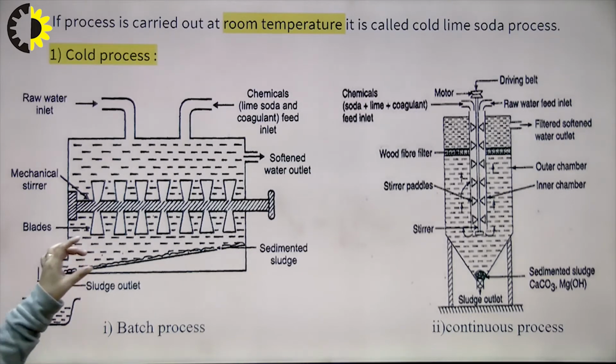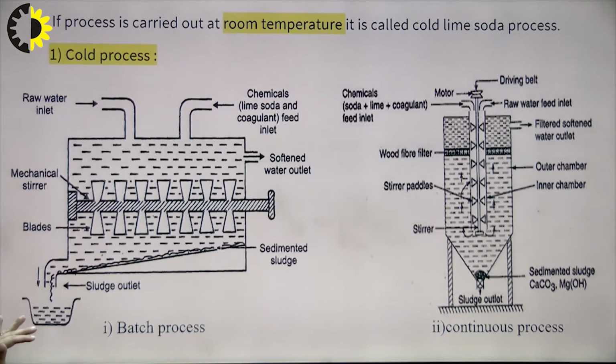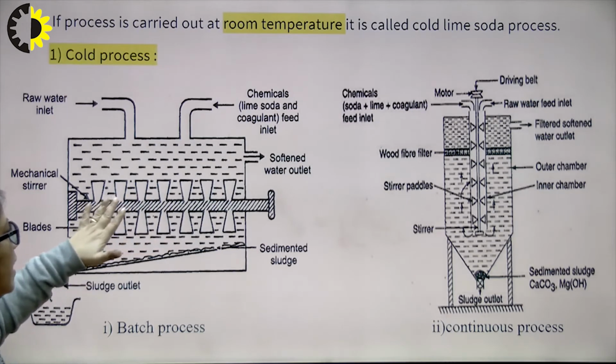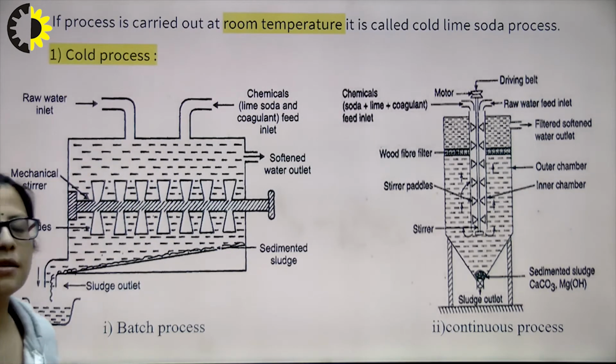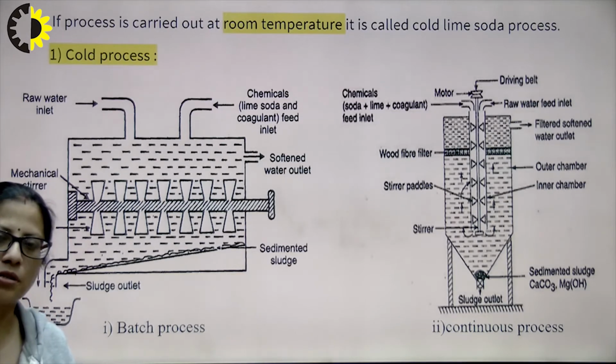So this sludge precipitate which is formed is removed from the bottom of the tank, and after the whole soft water is taken out, this tank is cleaned and again the process is repeated. Therefore, this process is known as batch process.